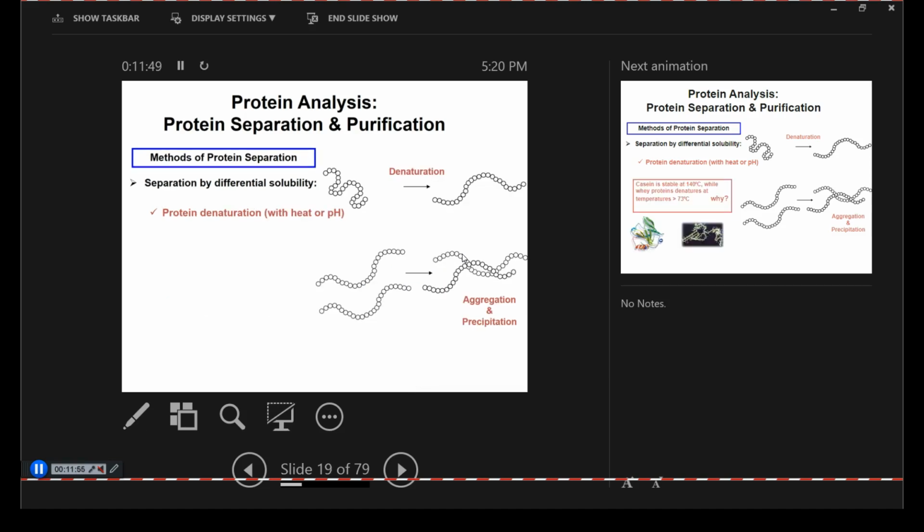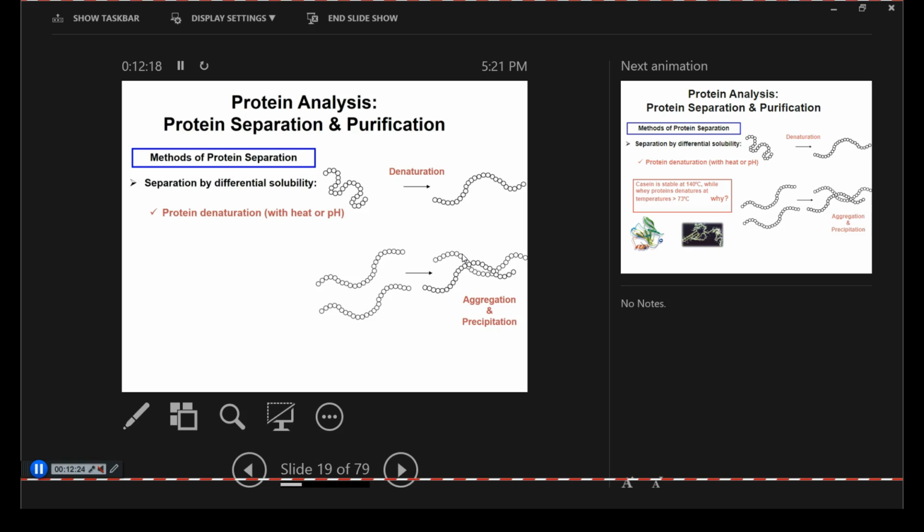Another way of separating based on solubility is by denaturing the protein with heat. Also, extreme pH results in denaturation of the protein because you would have like charges on the protein and the protein starts opening up. Instead of the residues interacting with each other, with like charges they start repelling each other and then the protein opens up.